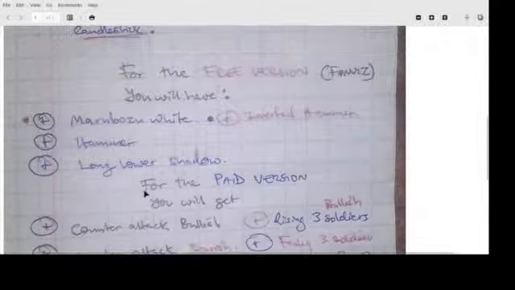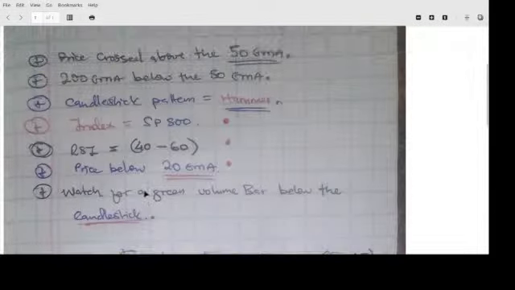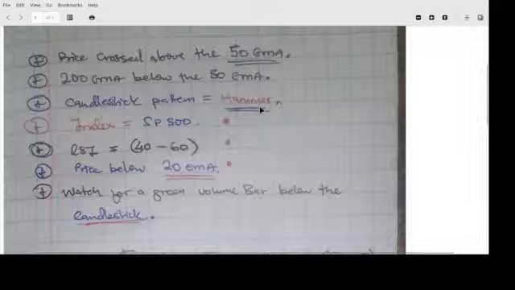So remember this criteria right here. The price has to be crossed above the 50-day moving average. The 200-day should be below the 50-day moving average. The candlestick pattern should be a hammer or a bullish counter attack. You can choose the S&P 500 index if you want to trade futures, or the Russell 2000 if you don't want to use margin, which is the one I prefer.